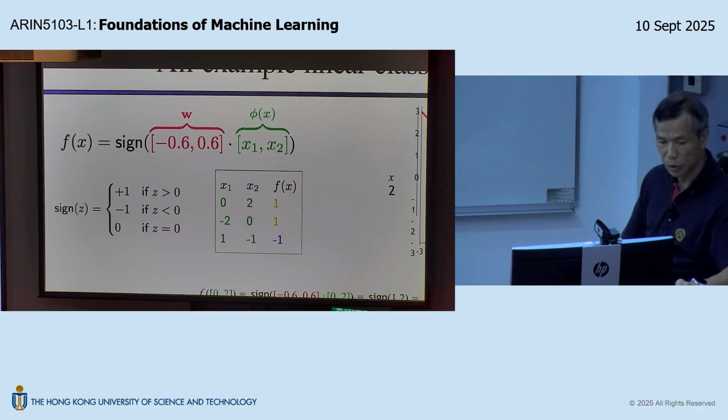In the exceptional case when this is exactly equal to 0, it depends on how you define it. Here we assume that this is equal to 0. But more generally, we basically partition it into 2 classes.